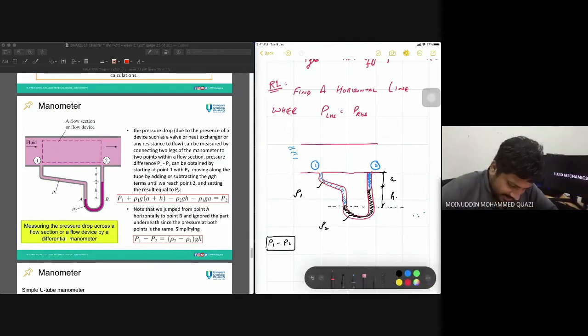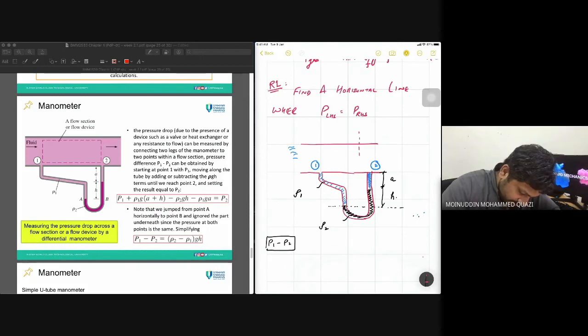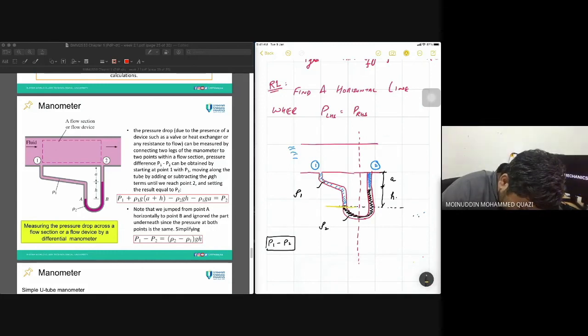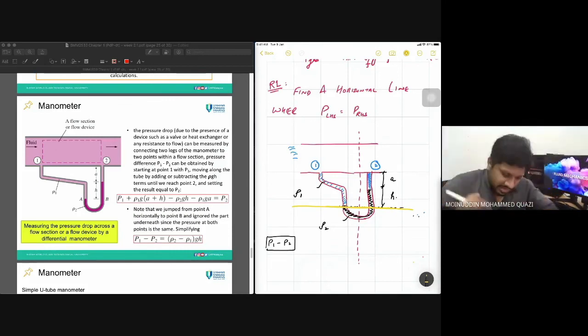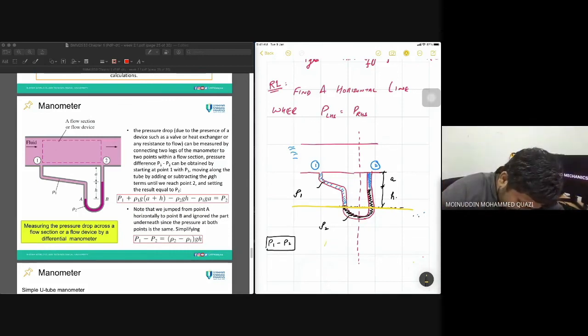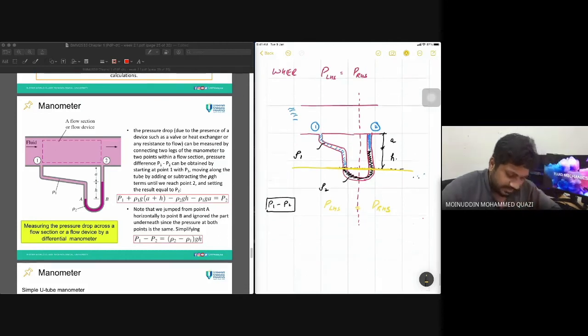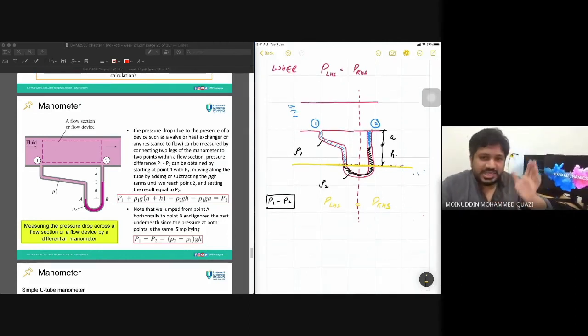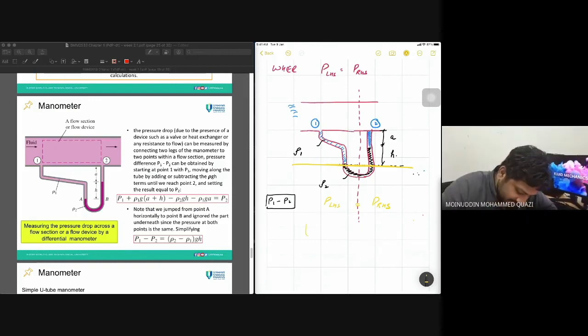Okay. So this is the horizontal line, this one. Okay. At this point the pressure is equal. So the pressure at the left hand side is equal to the pressure at the right hand side. Okay. What does it mean? Let's calculate left hand side.